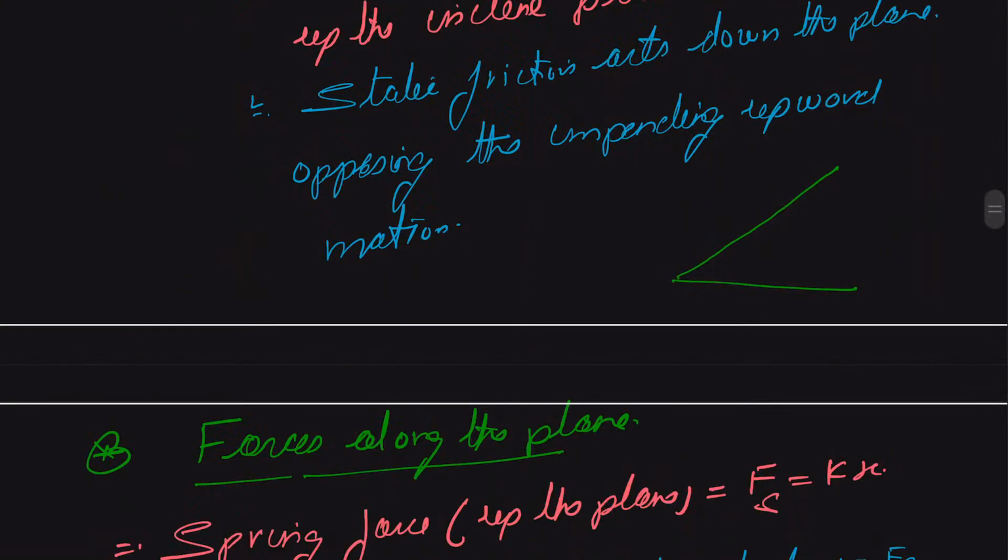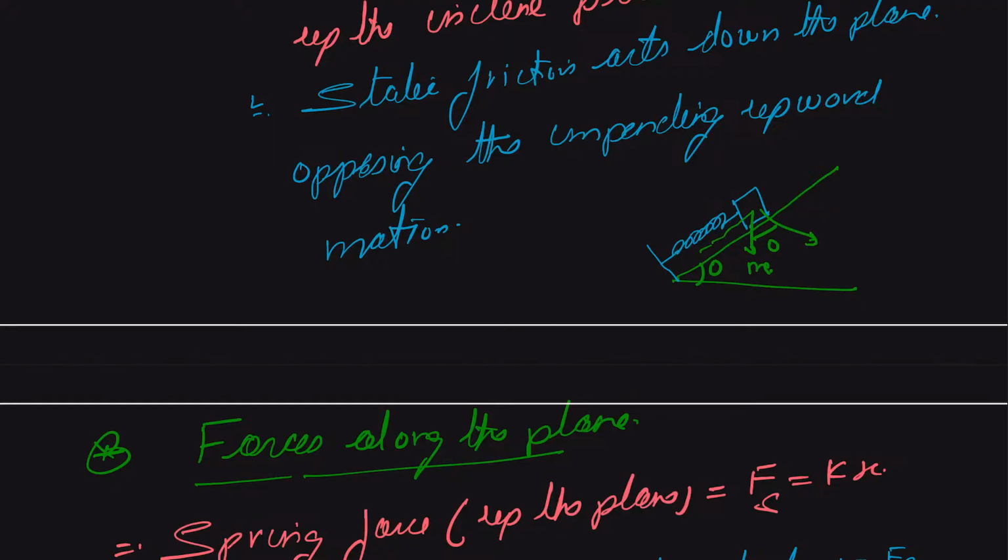The spring is being compressed, something like this. So this is the mass and we have angle theta. So mg will have two components.